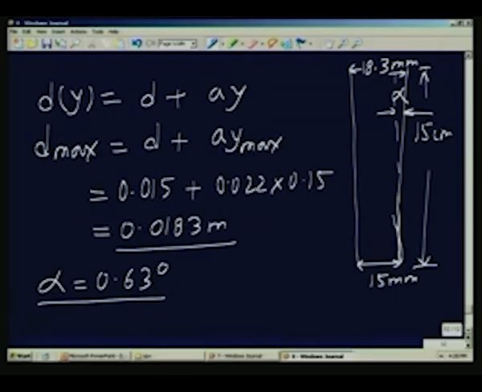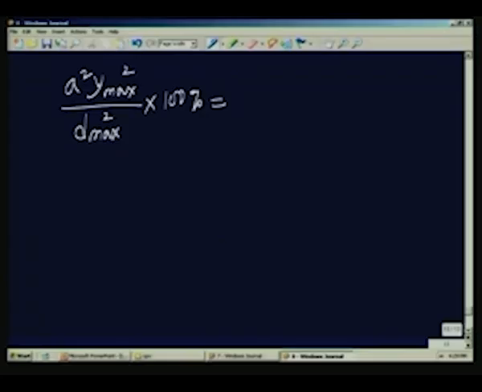And in fact, if you were to calculate including the quadratic term, we can calculate the error in linearizing for this particular instrument, that is given by a squared y max squared divided by d max squared into 100% as a percent of the area I can find out, and a squared y squared, this will give you about 3.23%.